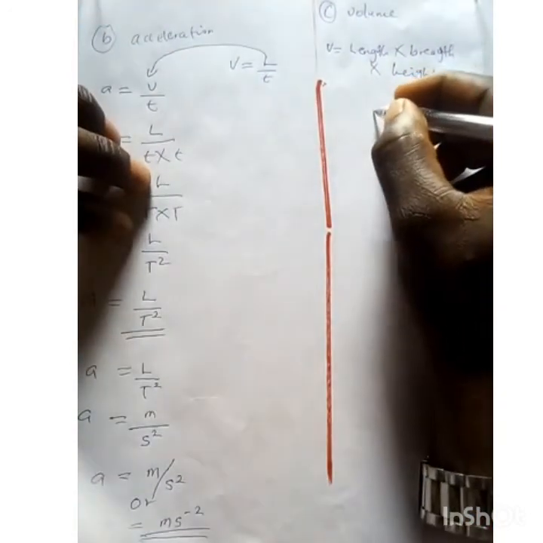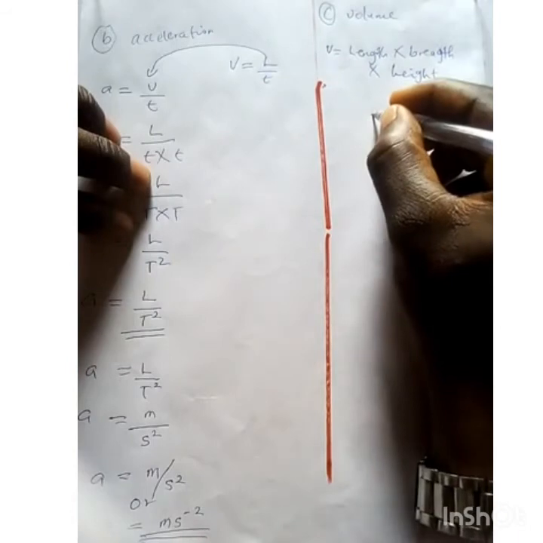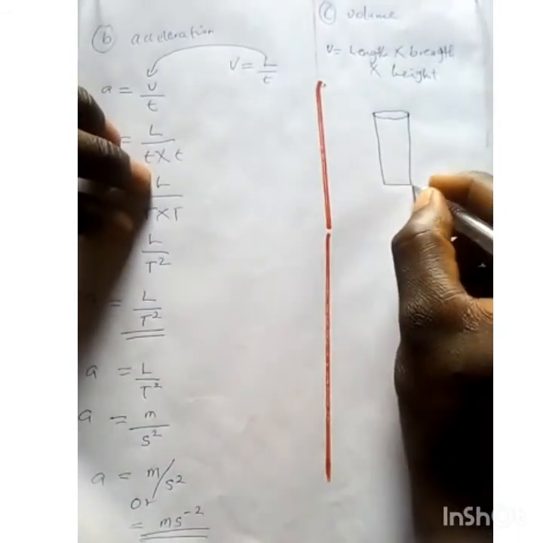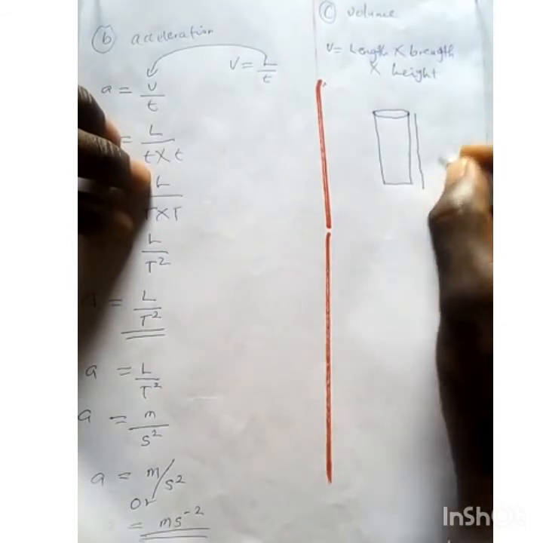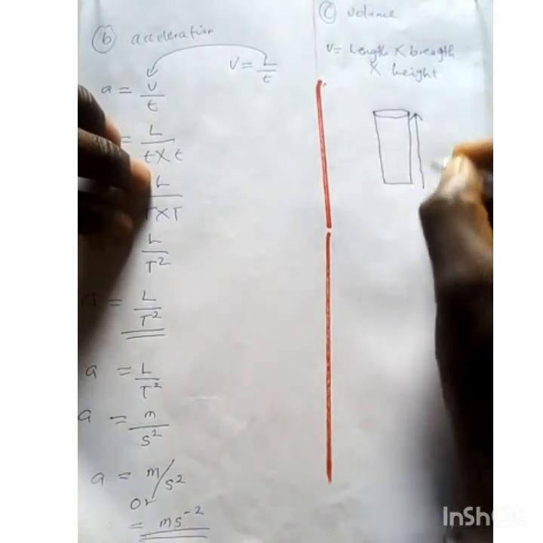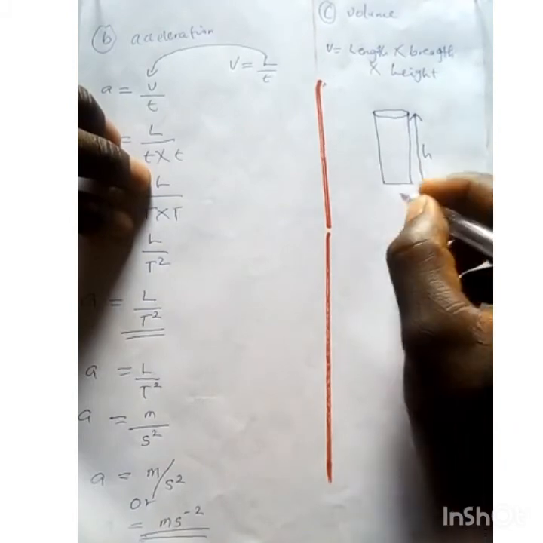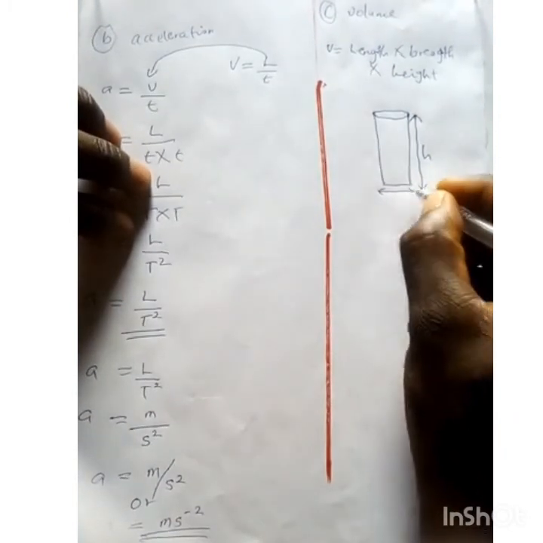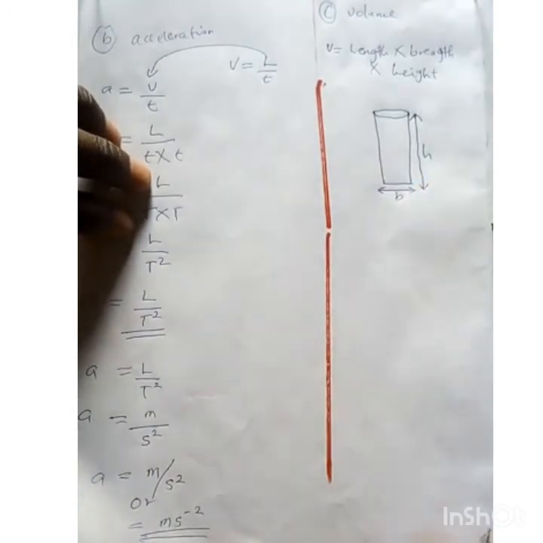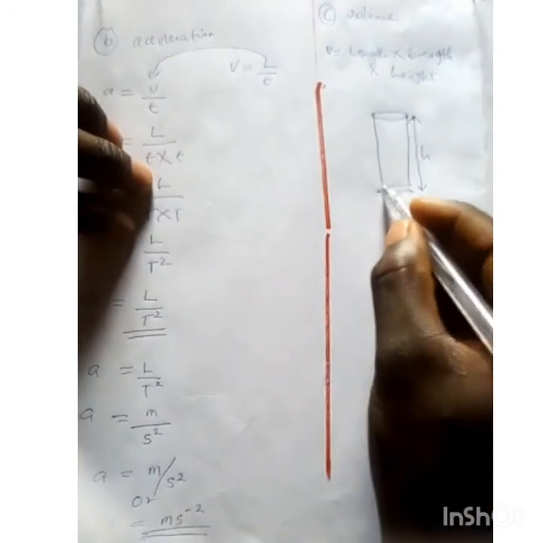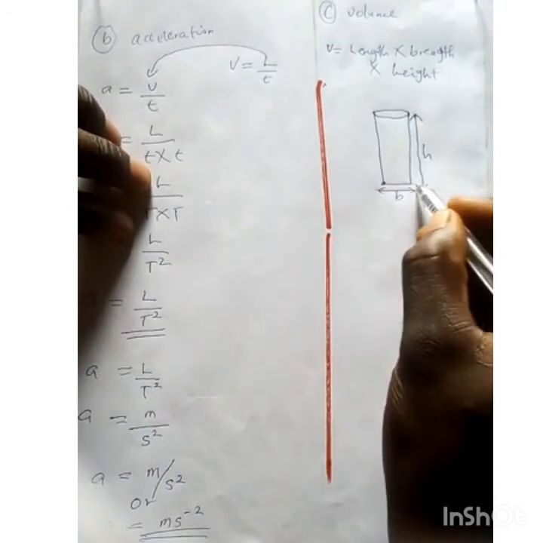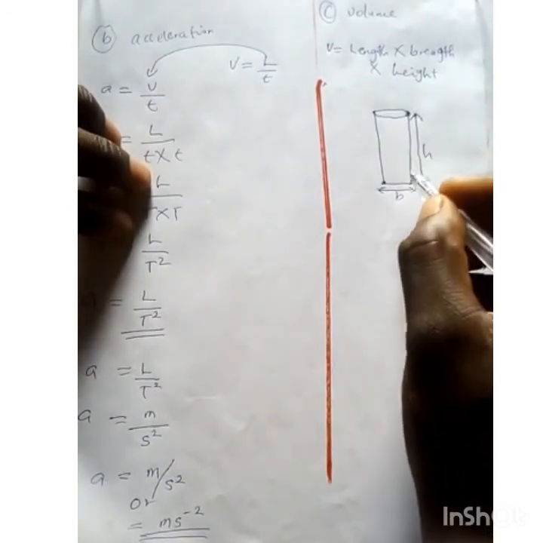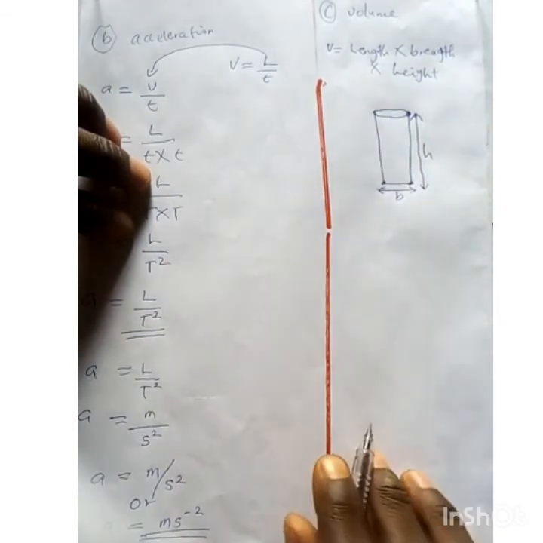Where you have something like this. This is the height, and here is the breadth. So here is talking of distance between this point and this point. Then the height is talking of the distance between upper point and the down point.